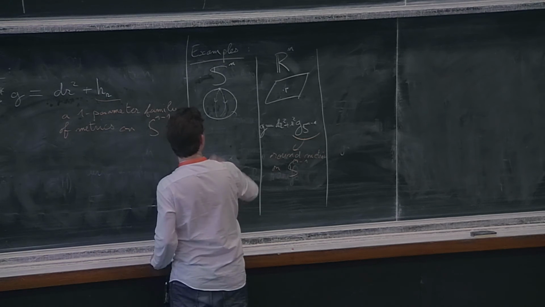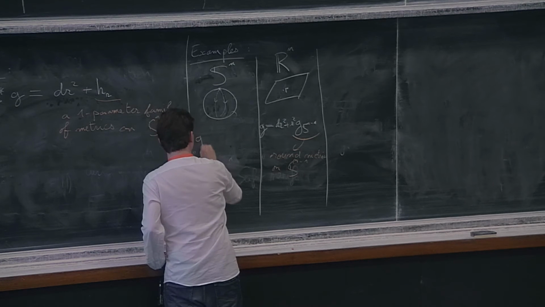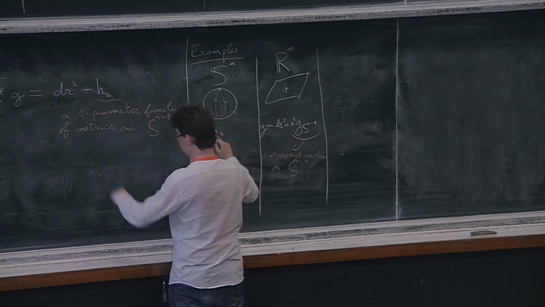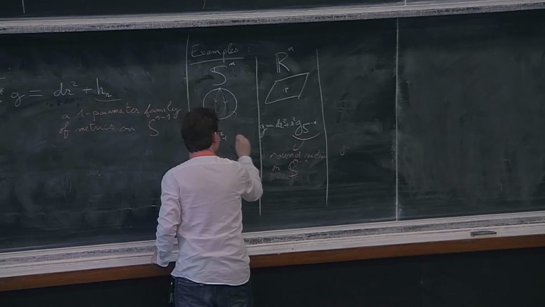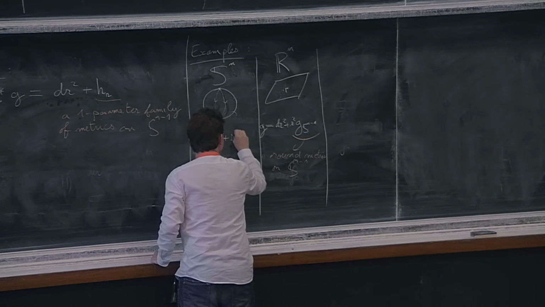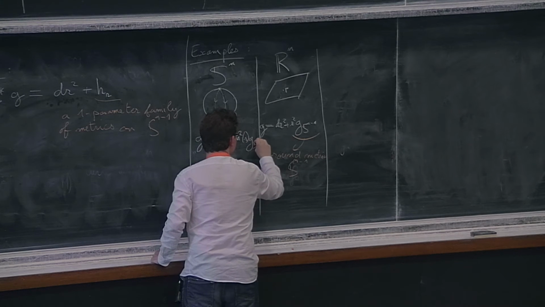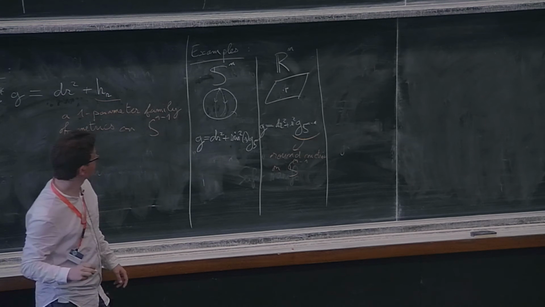Here my sphere has radius 1. Here g is equal to dr squared in these coordinates plus sine squared of r times g_(S^(n-1)). Okay.